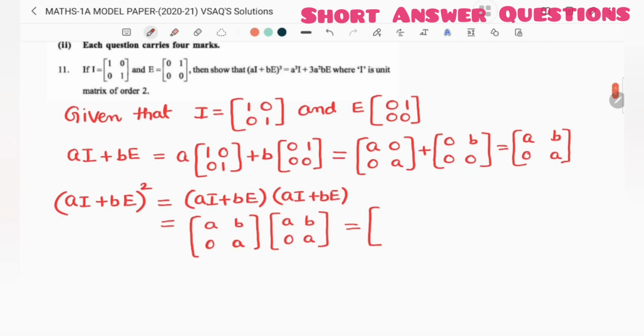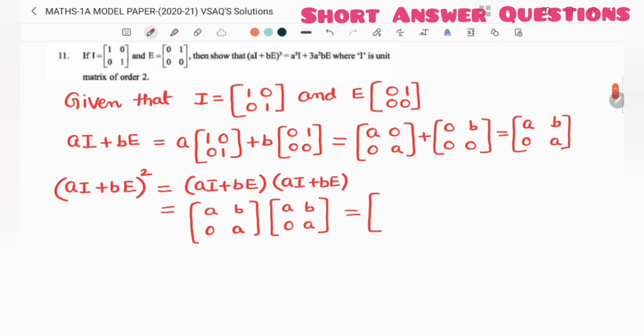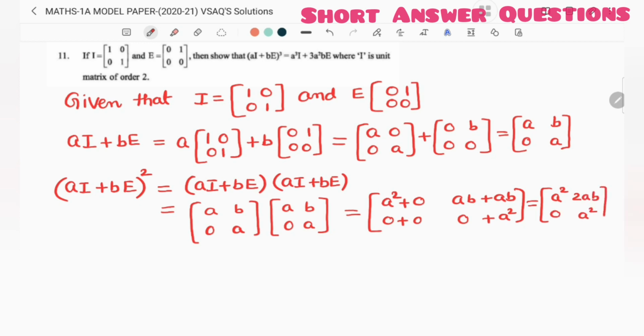We know how to multiply two matrices of the same order: a into a is a square, plus b into 0; a into b, ab, plus b into a, so ab plus ab is 2ab; 0 into a is 0, plus 0; 0 into b is 0, plus a into a is a square. So we can write it as [[a square, 2ab],[0, a square]]. This is the value of (aI + bE) whole square.